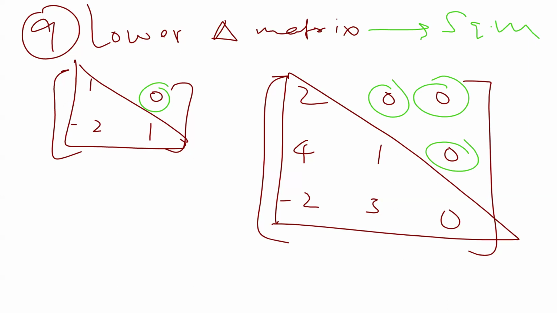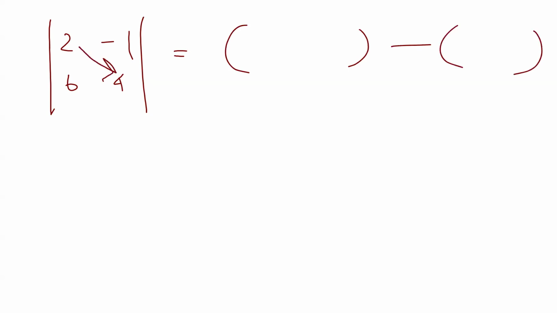Now comes a very important part. Solving a determinant. Let's get back to the determinant which we had studied in grade 11. 2, minus 1, 6, 4. So the answer of this is this into this: 2 into 4 minus minus 1 into 6.